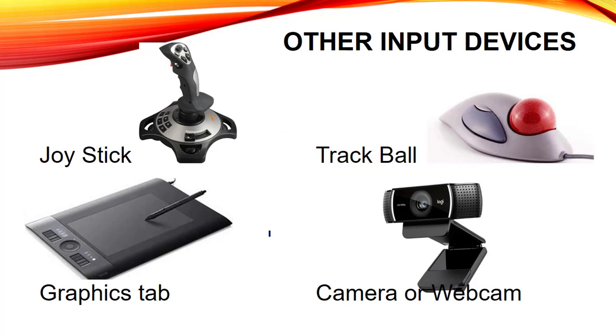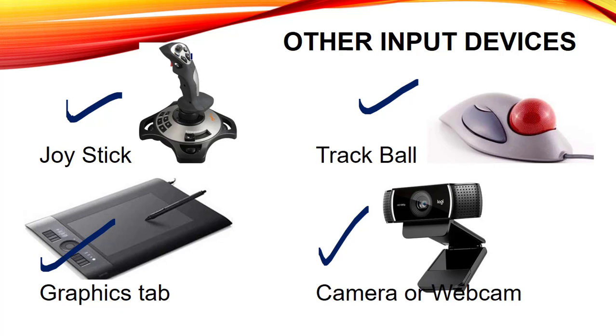Now we have 4 majorly used input devices that you might have used in your daily life. These 4 input devices are joystick, trackball, graphic tab and web camera. Generally for playing games we use a special kind of controller which is termed a joystick.